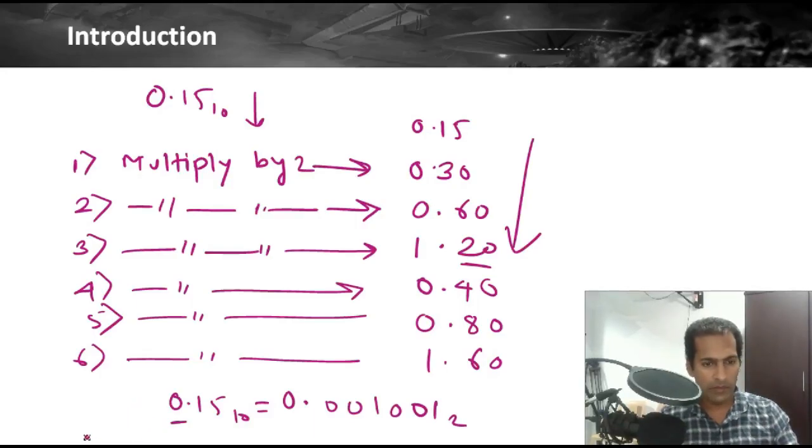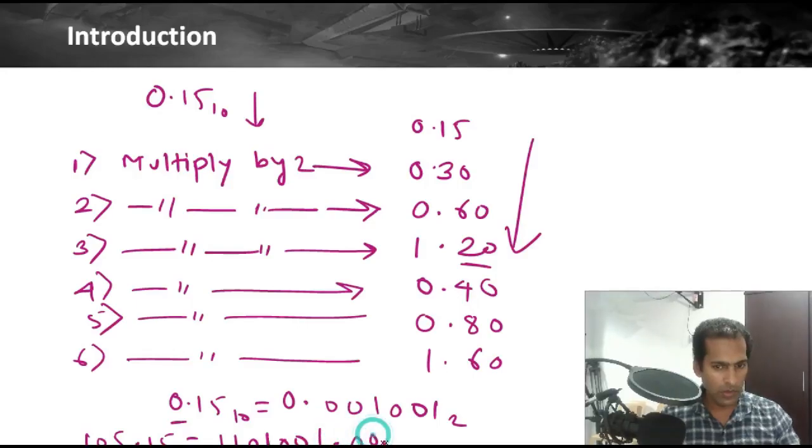And the final result for 105.15 decimal will be equal to 110 1.001 base 2. So this will be the final answer. Now this is an example. Now let us see another binary addition.